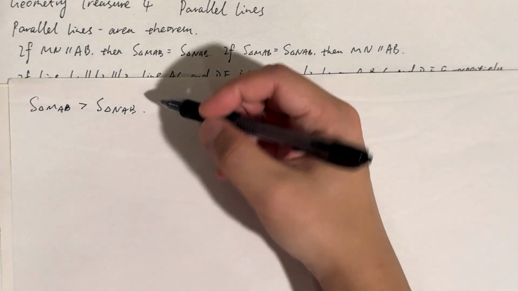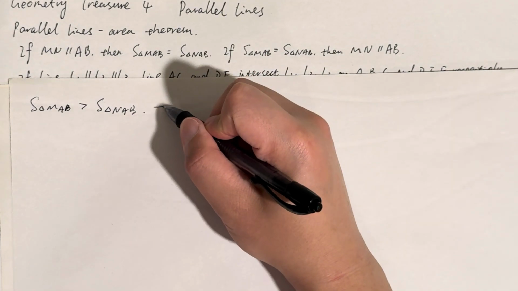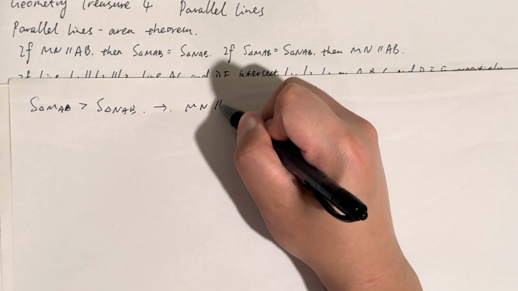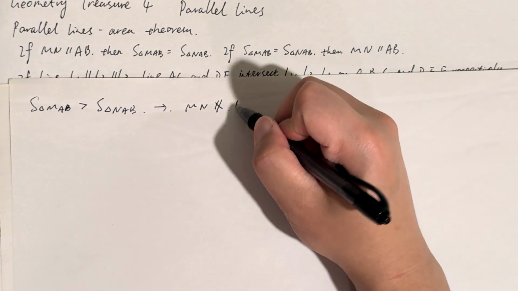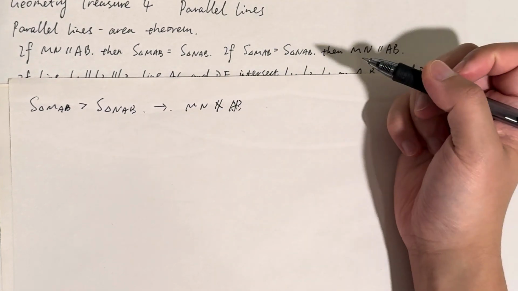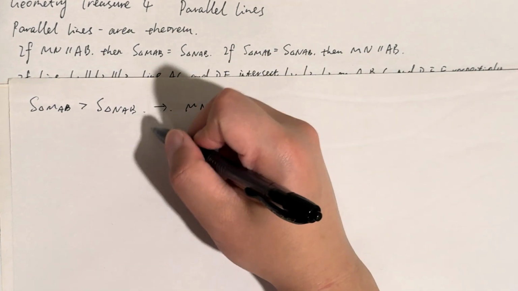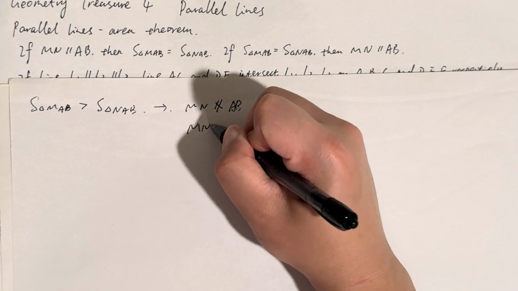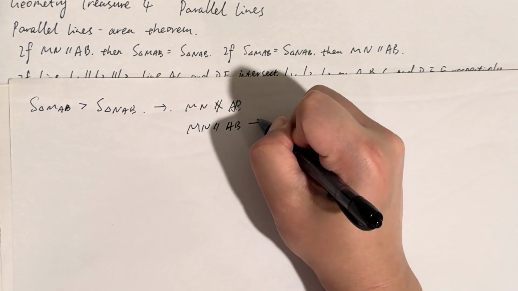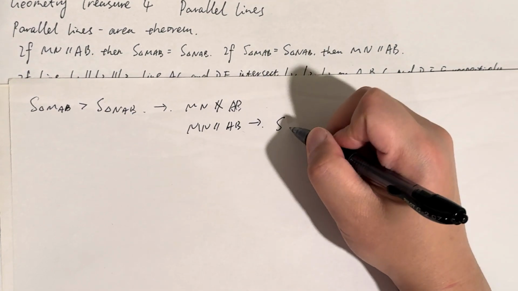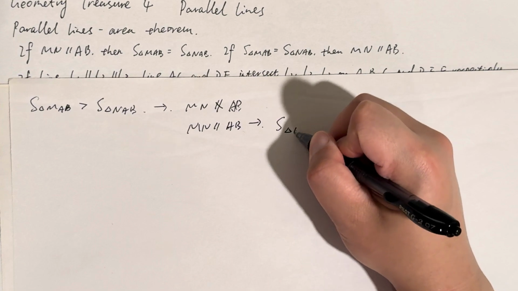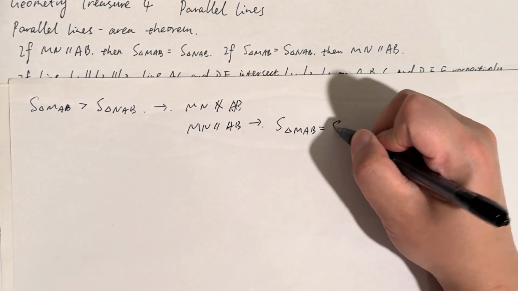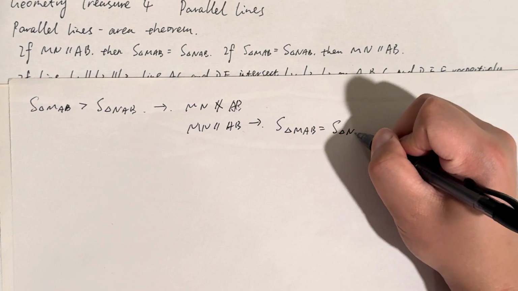And then we get the conclusion that MN does not parallel AB, right? Which means if MN is parallel with AB, we have that the area of triangle MAB equals the area of triangle NAB.